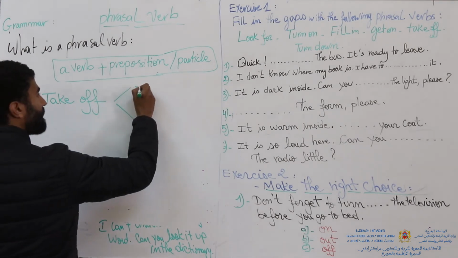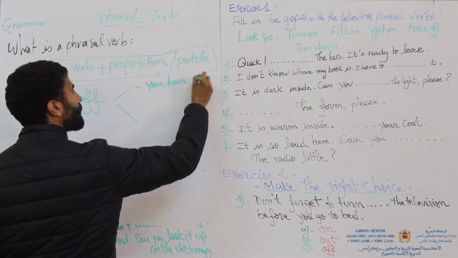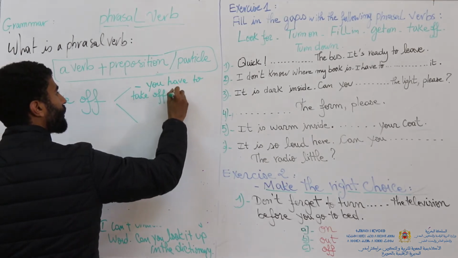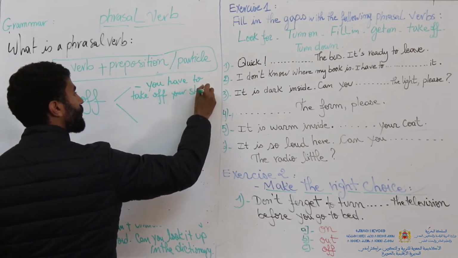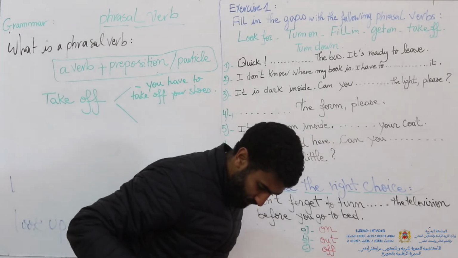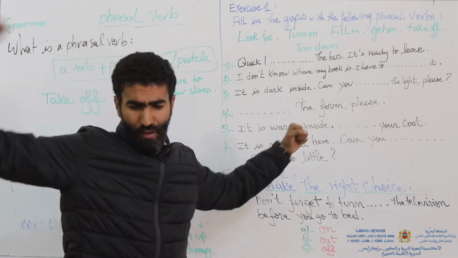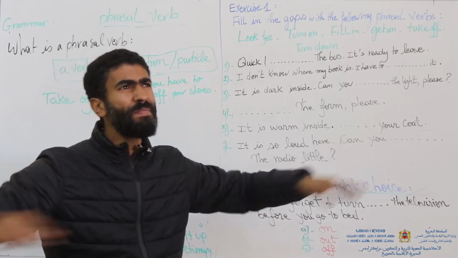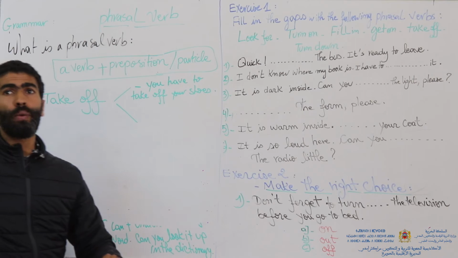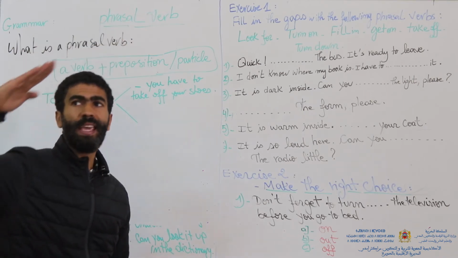We're going to give examples to illustrate the meanings. You have to take off your shoes. This is to take off, or you can take off your jacket because it's warm. And also when we talk about the plane, when the plane leaves the ground, the plane takes off.